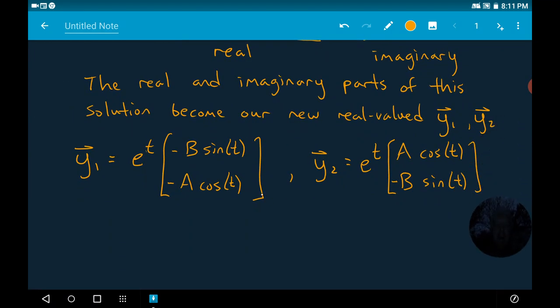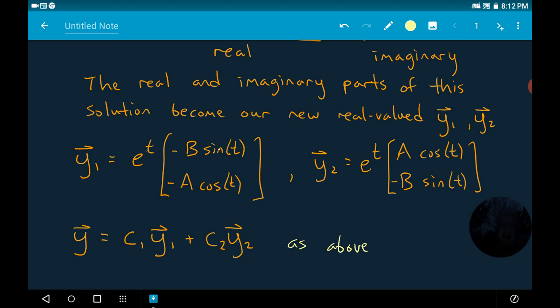Great. So last thing we have to do is just say that y is equal to c1 y1 plus c2 y2. This video is getting a little bit long, and it's getting very dark now. But the one thing that I want to point out here, as above, but something interesting that you can see with this is that these constants, c1, b, a, c2, a, and b, start to become unnecessary and redundant.